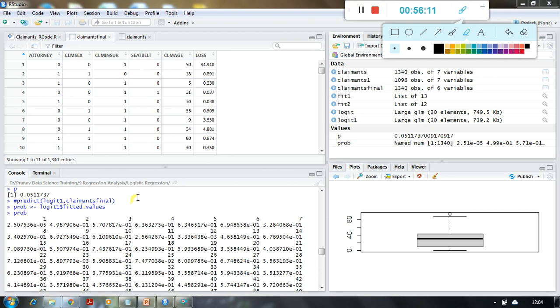The interpretation of that is 0.0002507536.